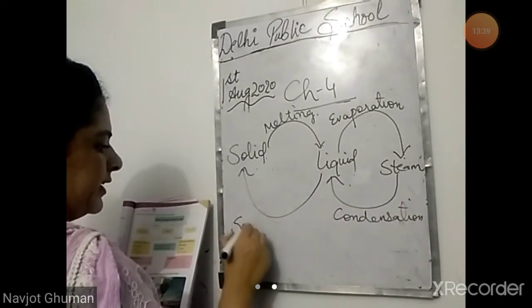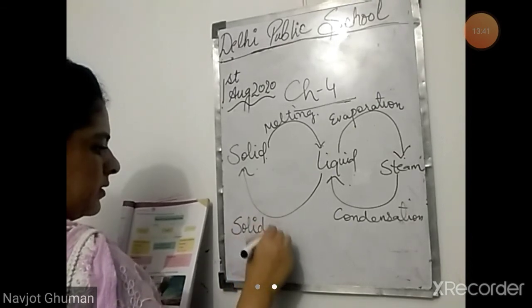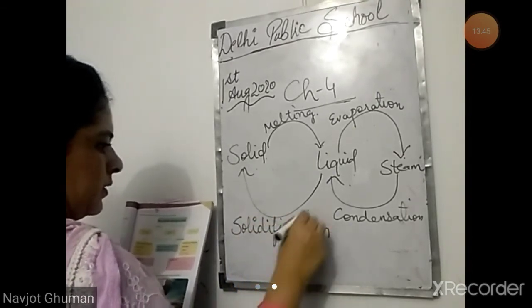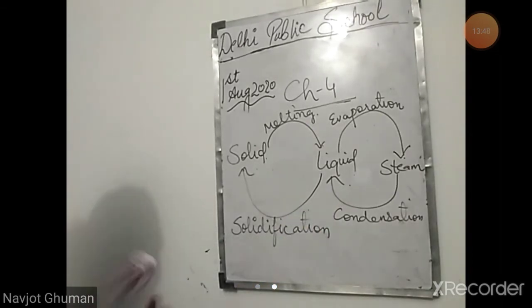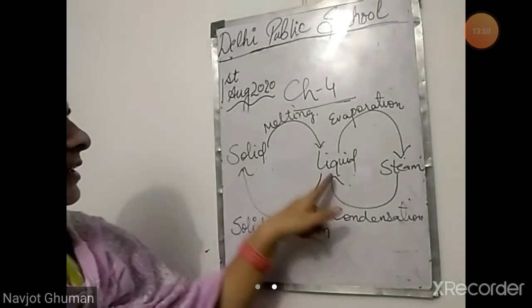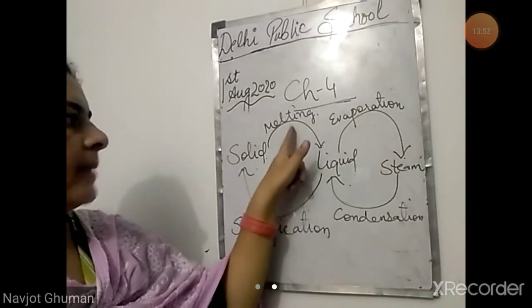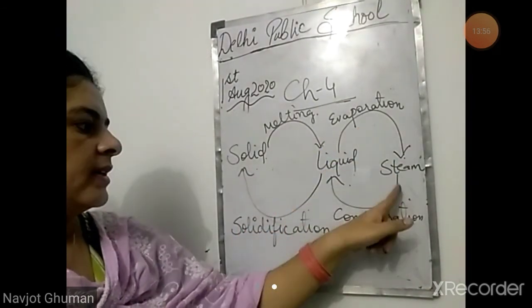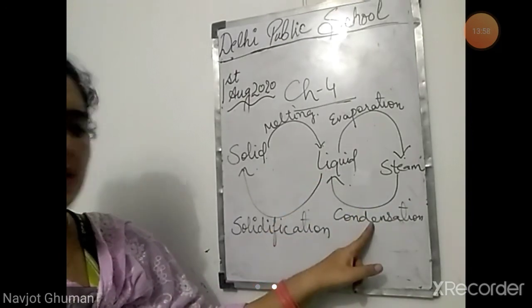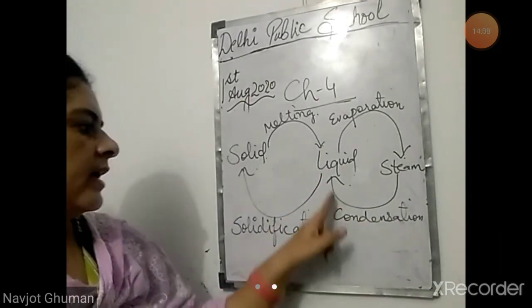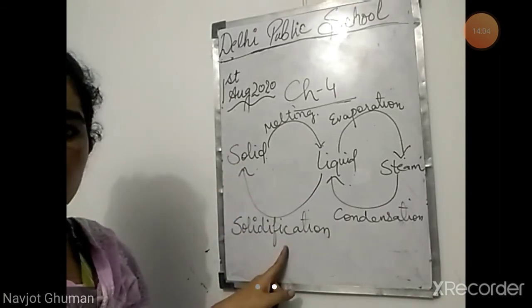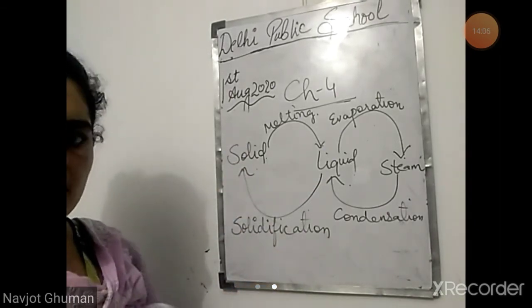That is solidification. Solid changes into liquid by melting. Liquid changes into steam by evaporation. Steam changes into liquid by the process of condensation. And liquid changes into solid by the process of solidification. That is also called freezing.